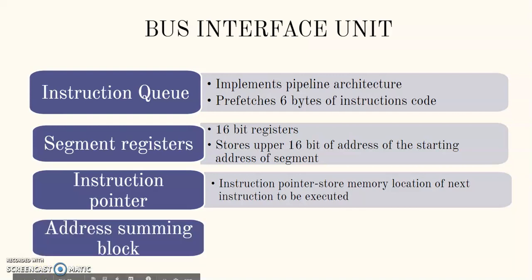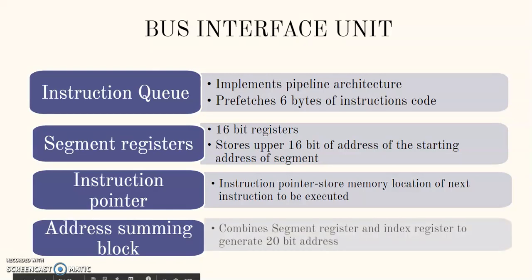Then the address summing block. As the physical address of any location is 20-bit, but all our registers are 16-bit, the 16-bit addresses from the segment register and from the offset register are combined in this address summing block.